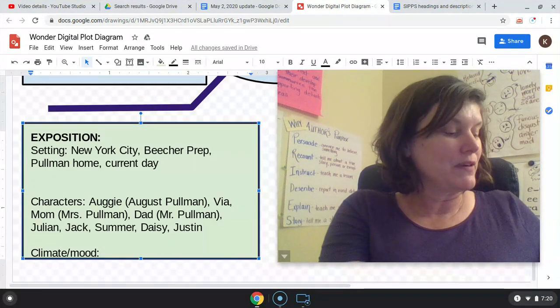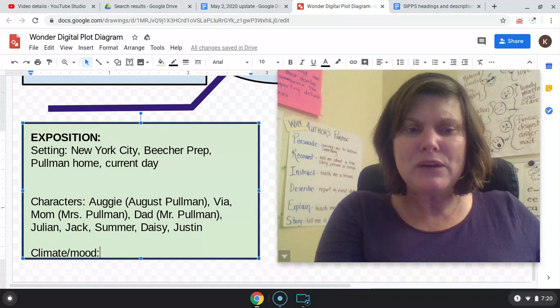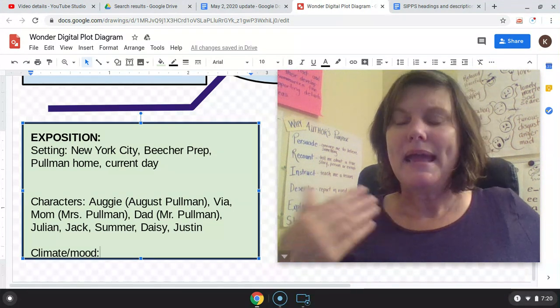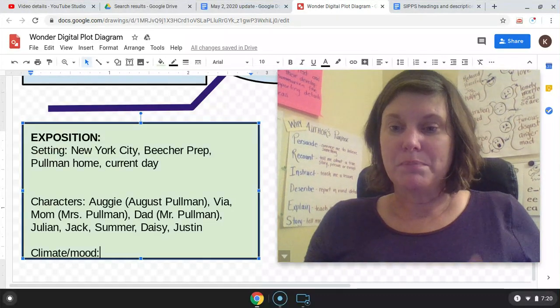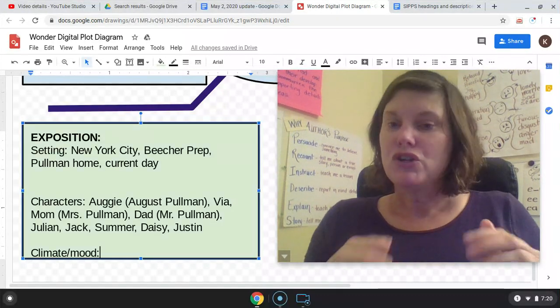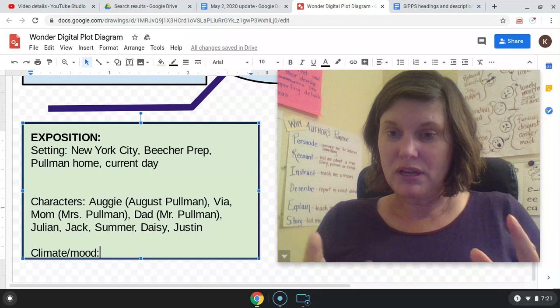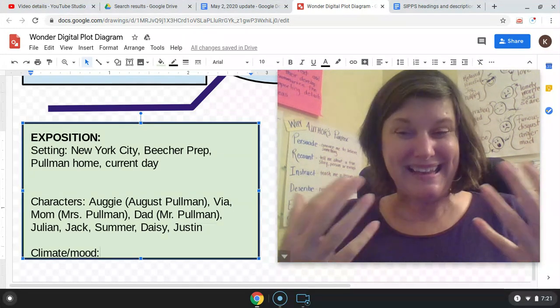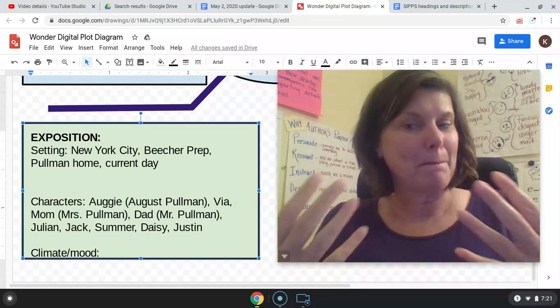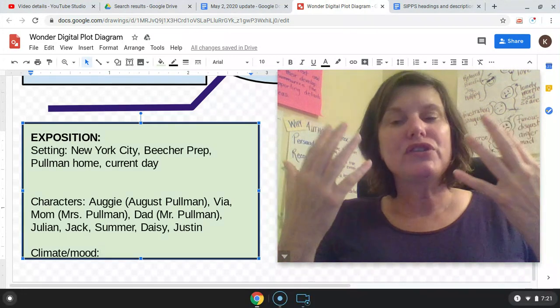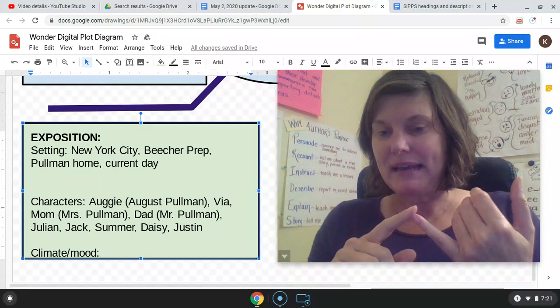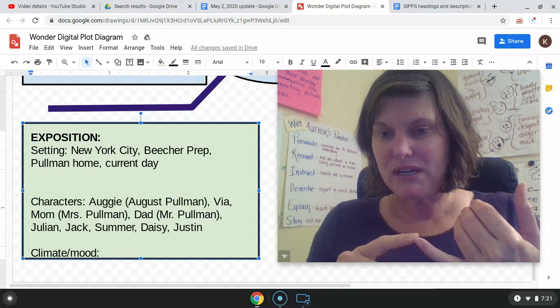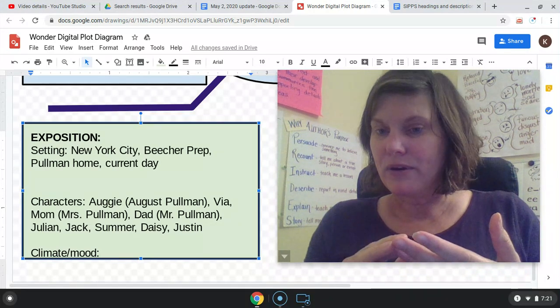So we'll pick up from tomorrow, and we will fill out the climate and mood tomorrow, right before we get started and pick up with our read aloud. Don't forget, exposition is a fancy word that means the introduction to the novel, where you get some background knowledge so that you're going to be able to understand the rest of the story. It includes the setting, that's where and when the story takes place, and the characters.